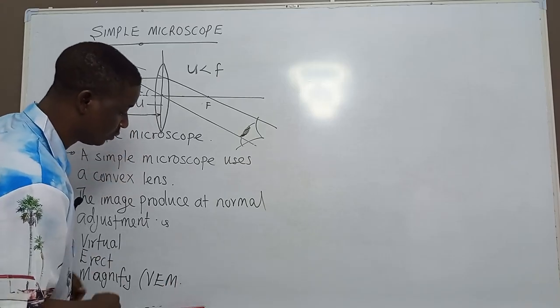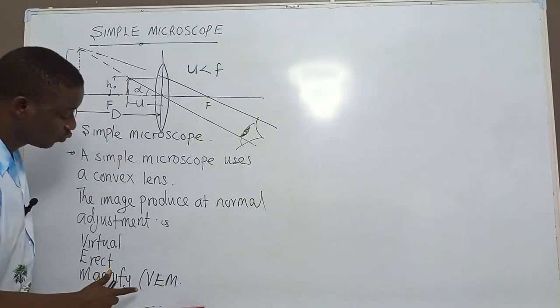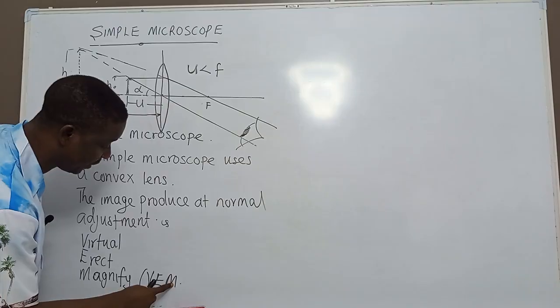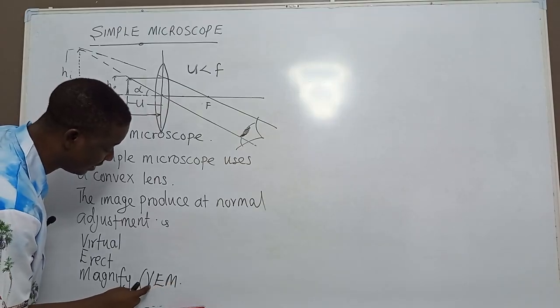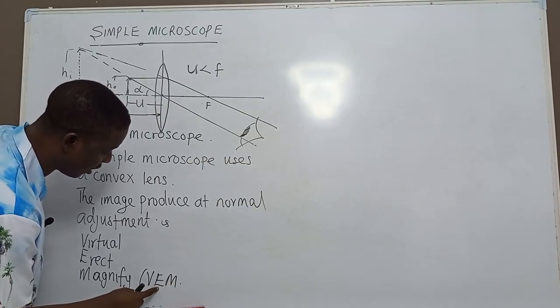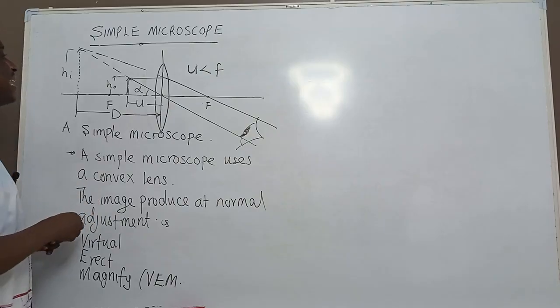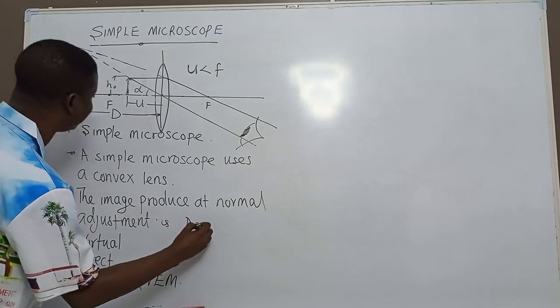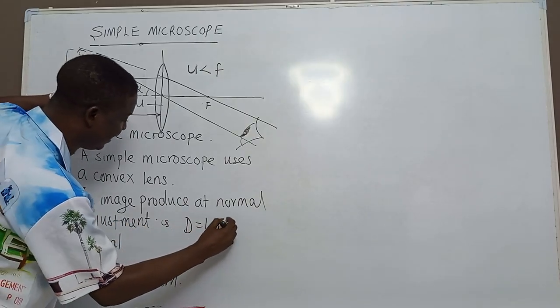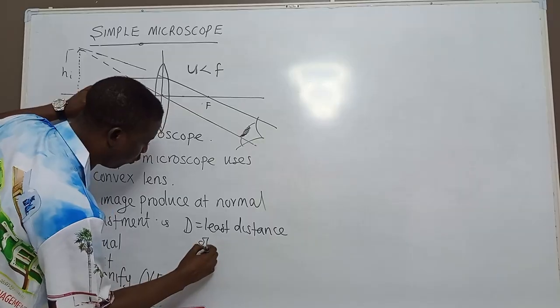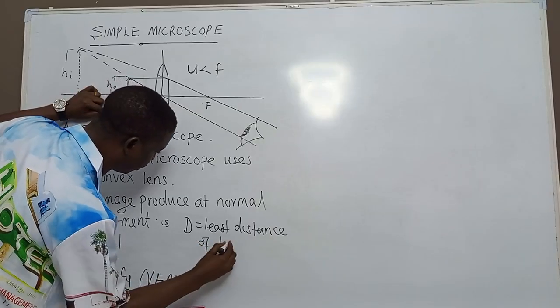VEM means virtual, erect, and magnified. I repeat again, virtual, erect, and magnified. And the D there is the least distance of distinct vision.